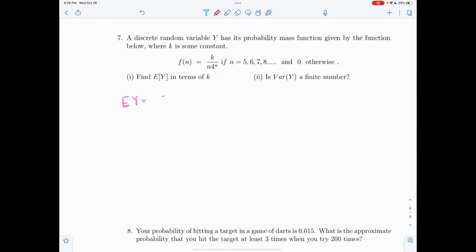What is the formula? That's the formula for the expectation. In this case, the probability mass function you're given is that. Okay, so I wrote F, I could have written P. All right, so it's only non-zero from 5 on. Okay, n times P of n, which is the f of n in the question.